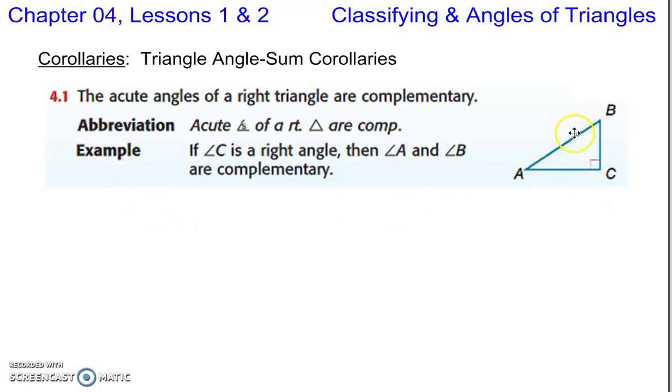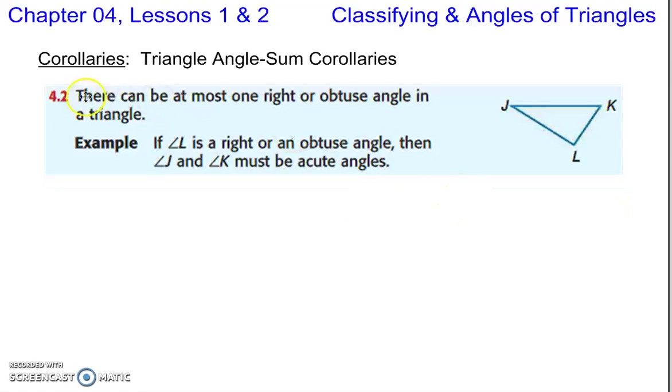If all the angles add up to 180, and one of them is 90, the other two have to add up to 90. That's 4.1. The acute angles of the right triangle are complementary. It's a corollary to the angle sum theorem. And there can be at most one right or obtuse angle in a triangle, since they add up to 180.